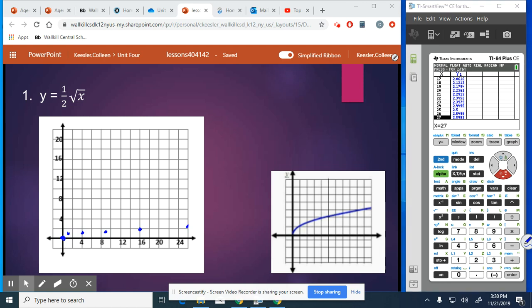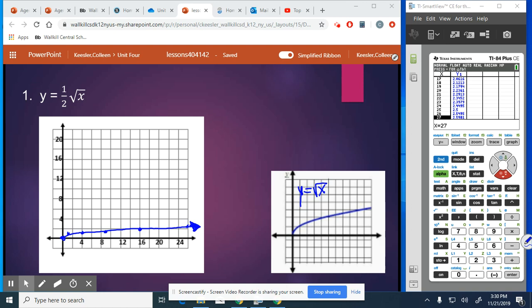Okay, so this function is super, super low compared to the mother function of square root of x. And what has happened here is we've compressed it all. So all the numbers, like square root of 25 is usually 5, but it's been cut in half. Square root of 16 is usually 4, but it's been cut in half. Square root of 9 is usually 3, but it's been cut in half.